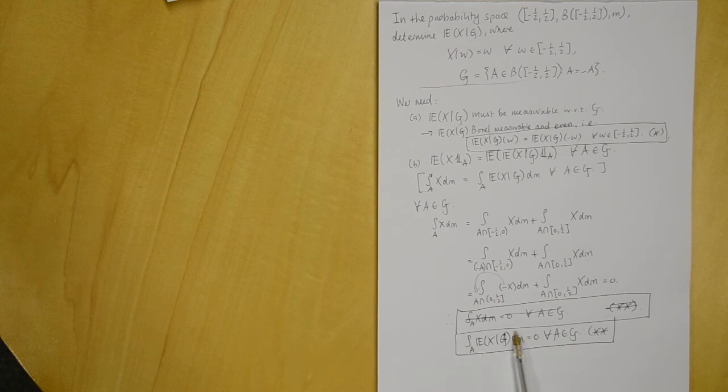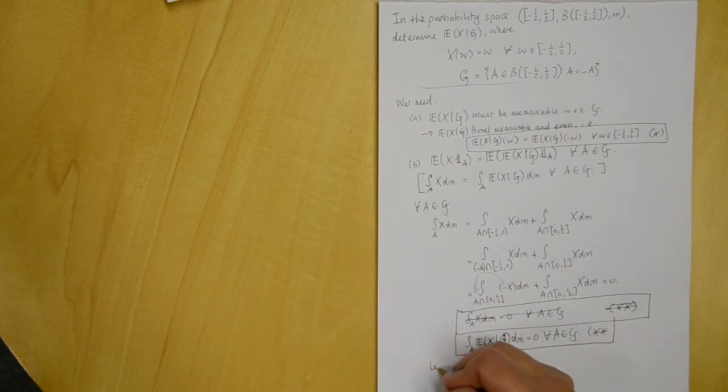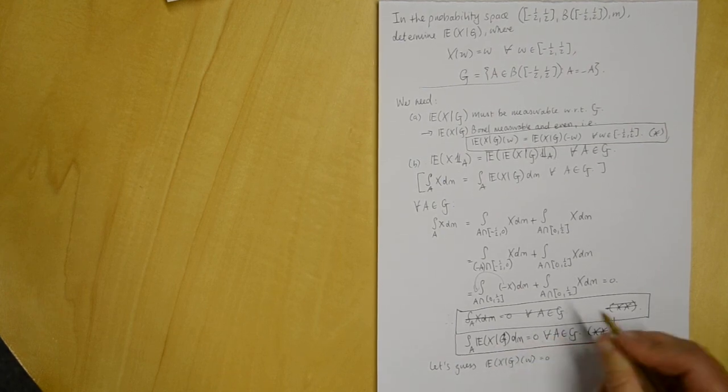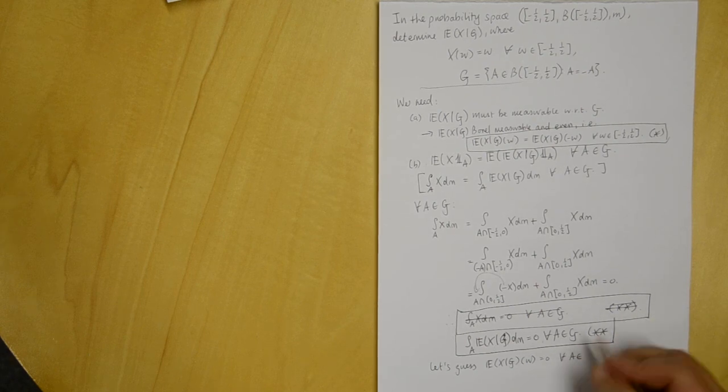Looking at this, if I take the integral over all sets A, then the integral of this random variable is equal to 0, which is kind of interesting. Often, when you have a random variable and all the integrals of this random variable are 0, a good guess is that the random variable is 0 as well. So let's guess that the expected value of X given G at omega is equal to 0 for all omega in the interval minus a half to a half.